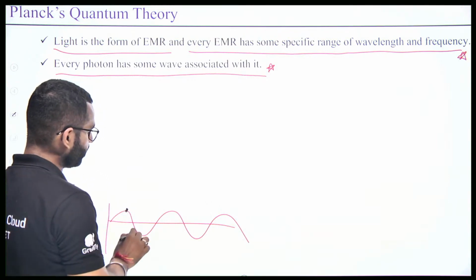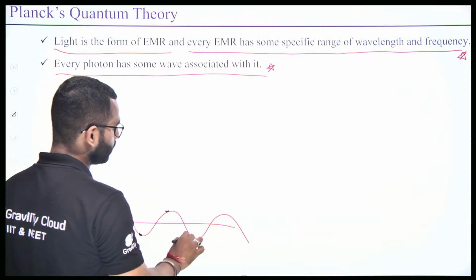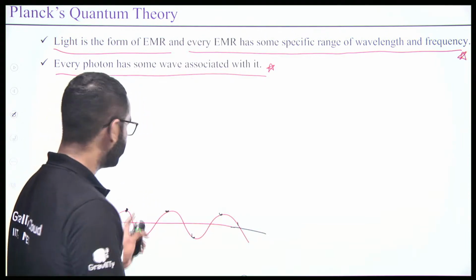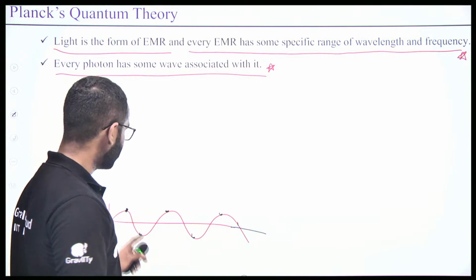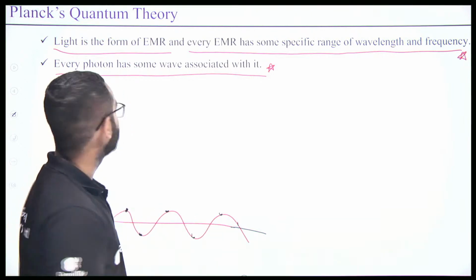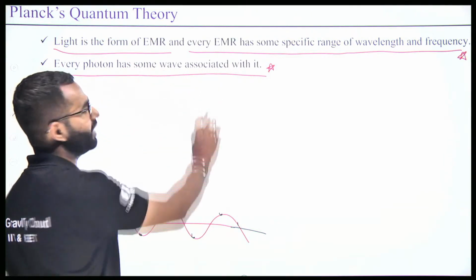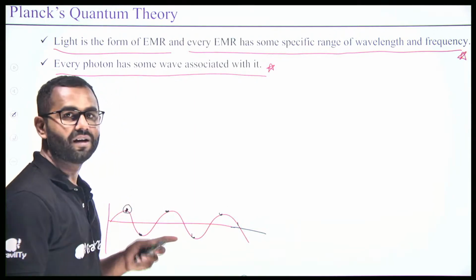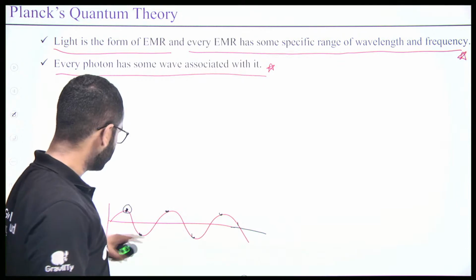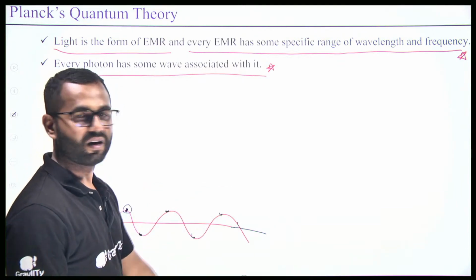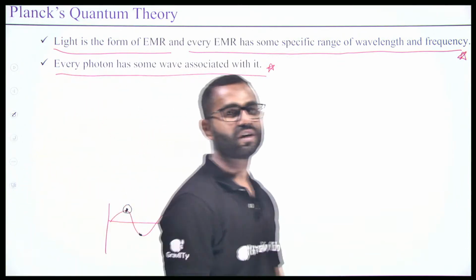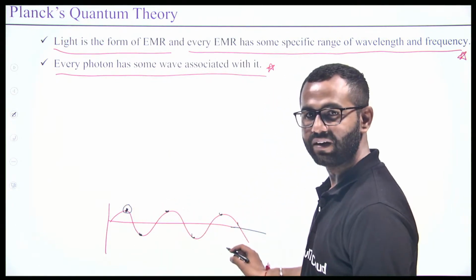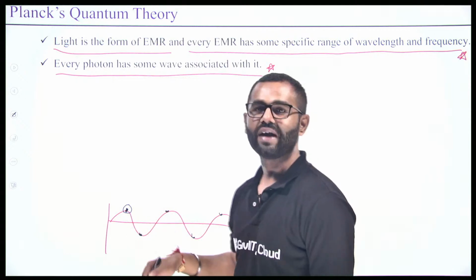This photon is traveling on the wave. Just imagine that every wave has a photon, and this photon is traveling on the wave like this. So that means every photon has some wave associated with it. This is the photon, and it is associated with this wave.